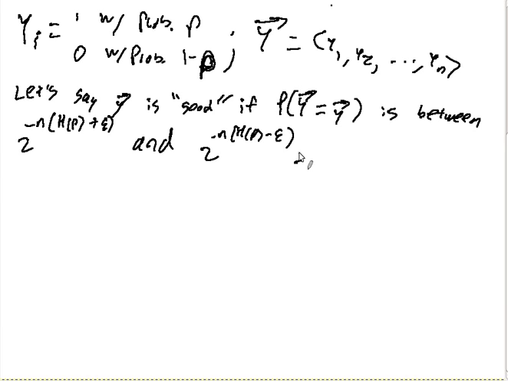And now what we want to show is that as n gets large, the probability that big Y produces a good string approaches 1.